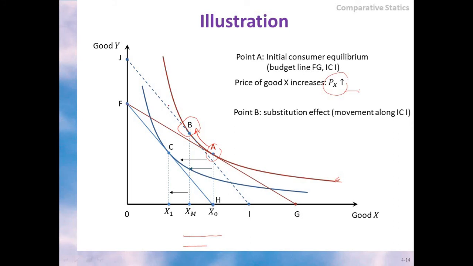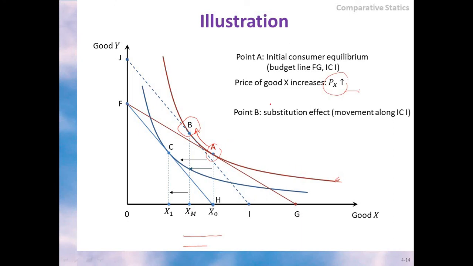B is possible only if the budget line is at this dotted line JI. So if income remains constant, our assumption just now, the consumer cannot move from point A to point B, which is on the same indifference curve.